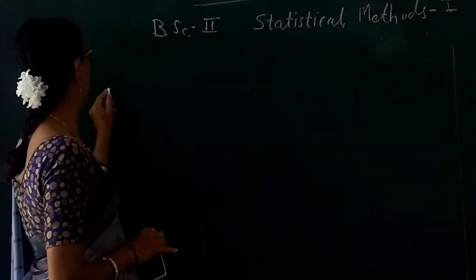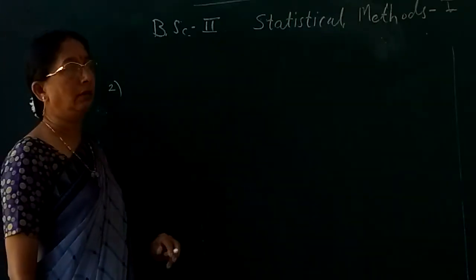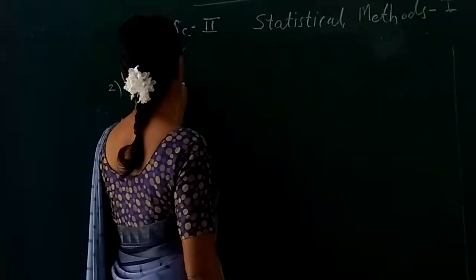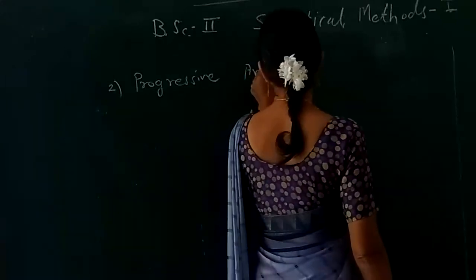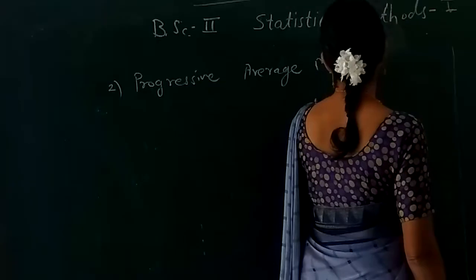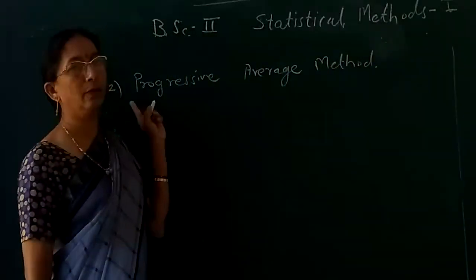Now measurement of trend. The second method is the progressive average method. What is the meaning of progressive?